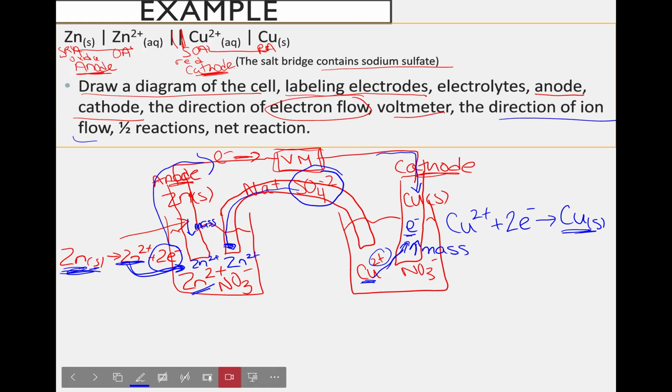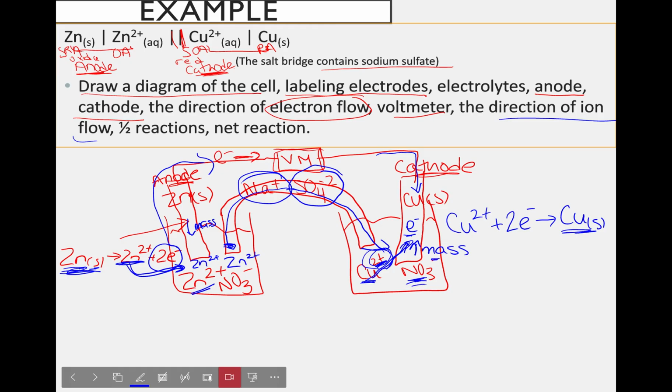On the right-hand side where the cathode is, as the positive 2 copper comes out of solution, it's leaving behind an overall negative charge, right? Because the NO3 negative isn't coming out of solution, just the copper 2 positive. So that buildup of negative is going to attract the positive ions from the salt bridge. So the positive ions move towards the cathode. So that's how we have our movement, and I think we have basically everything here.